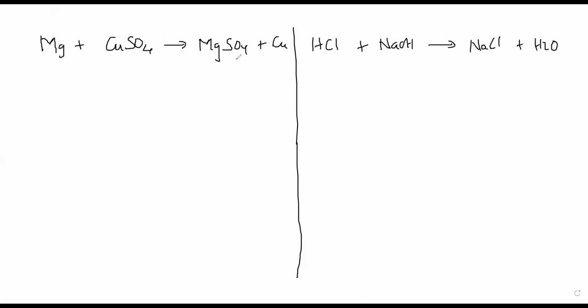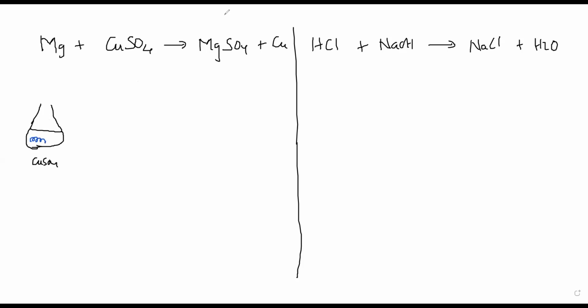I want to find out the enthalpy change of both the reactions, but the process will be different. Over here, I will take a conical flask in which there is copper sulfate, and I will add a ribbon of magnesium, and the reaction begins.